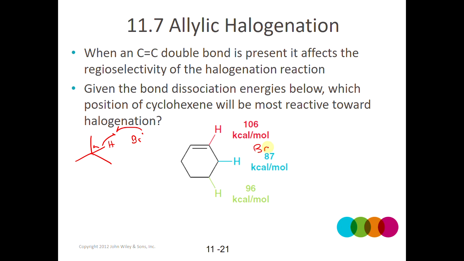So in this case, if I have a bromine radical, it would be much more likely to abstract, even if maybe one of these other positions over here were a tertiary position and had more hyperconjugation, it would still not be as likely to react as an allylic position, a position that is going to result in a free radical that's stabilized through resonance.